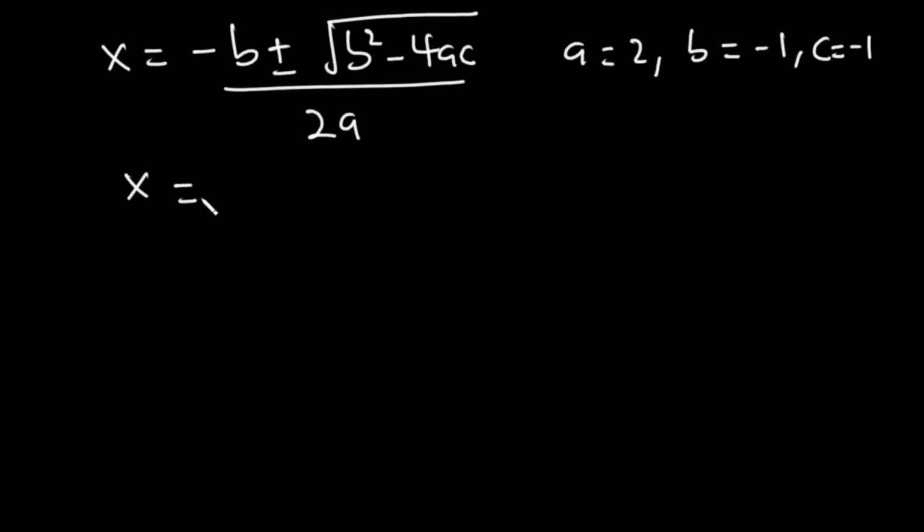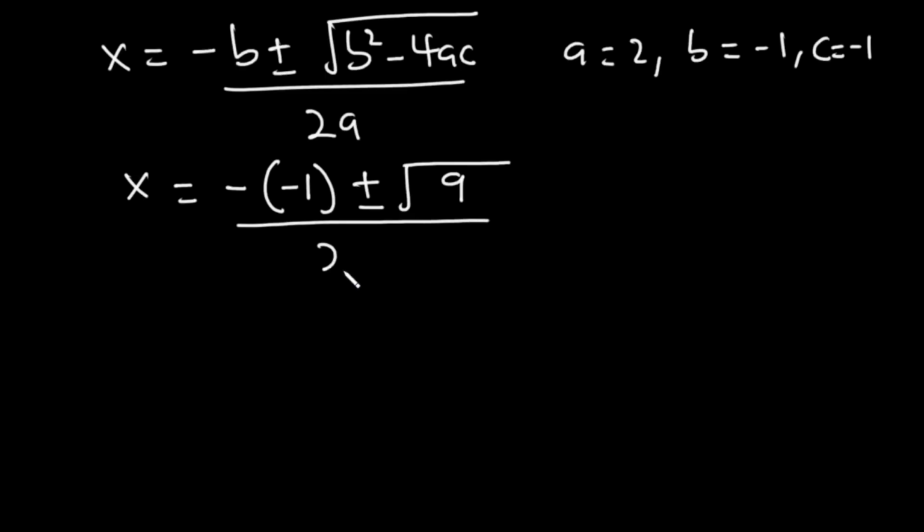So let's plug the values of a, b, and c into the general quadratic formula. So x is equal to negative b, b is -1, so we have 1 plus or minus the square root of the discriminant, and the discriminant was 9, divided by 2a. a is 2, so we are going to have x is equal to 1 plus or minus the square root of 9 is 3, so we have 3 divided by 4.